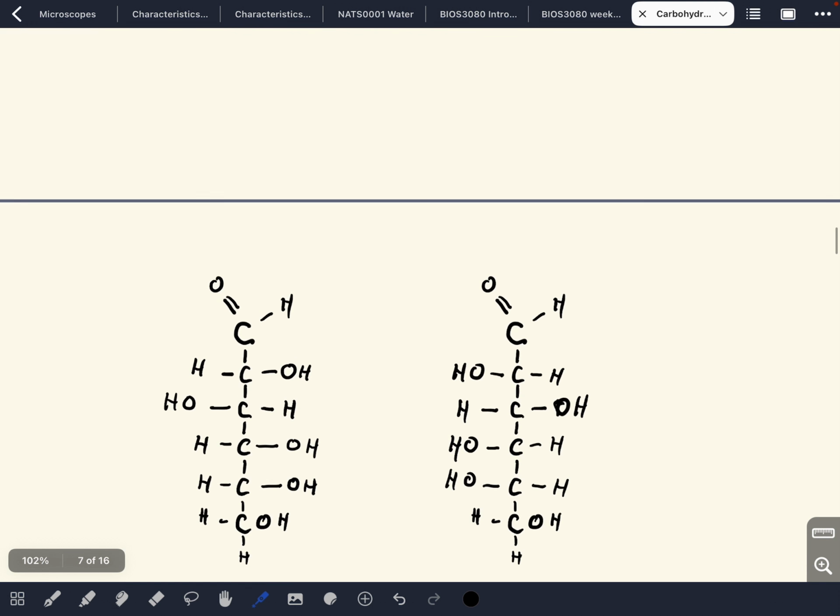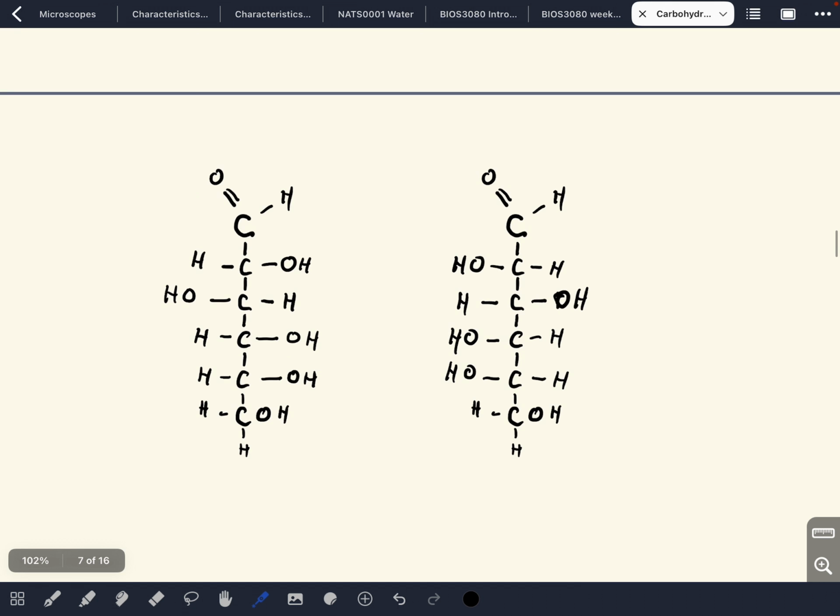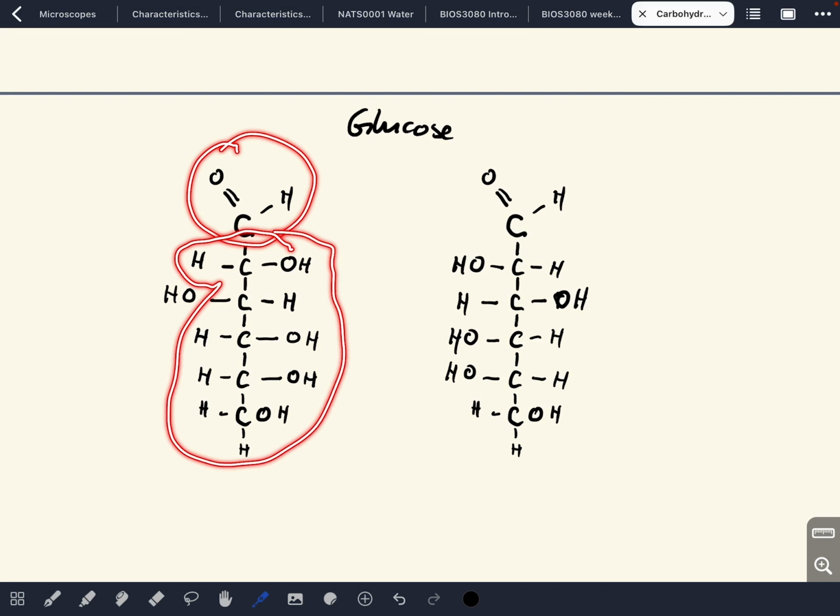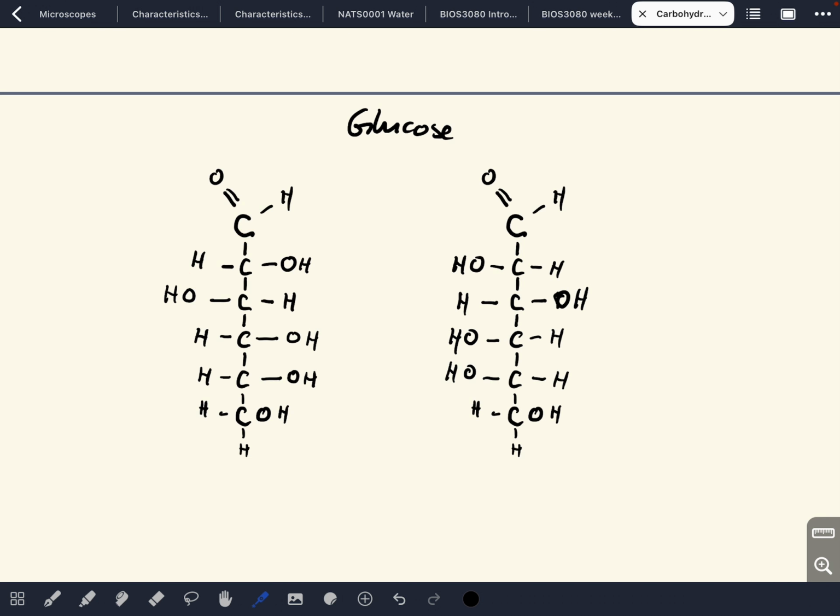So when we, for example, look at a glucose molecule, here we have the aldehyde. Here we've got the body of the glucose molecule, and what we can do is we can sort of do a mirror image of this glucose.